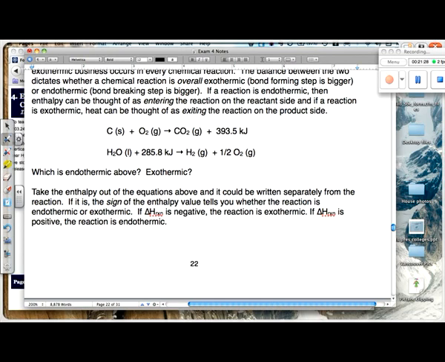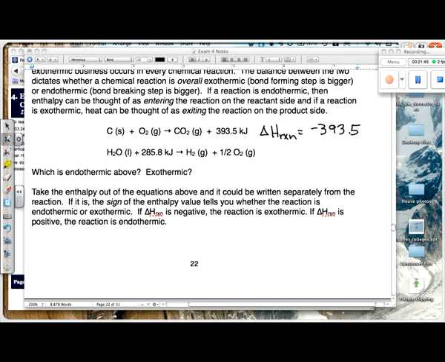So I can write it into the reaction, or I can write it separately. For this first reaction, I would write delta H of reaction equals minus 393.5. So that's why I said we don't, because it's exothermic, it's negative.